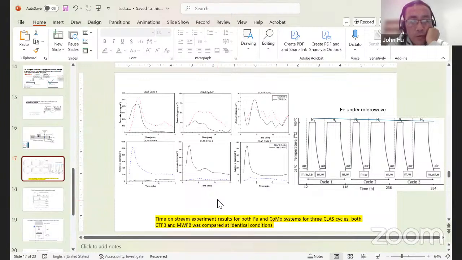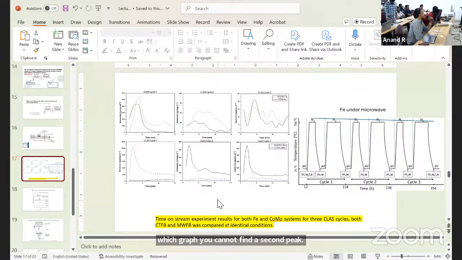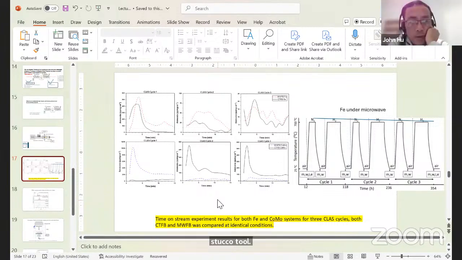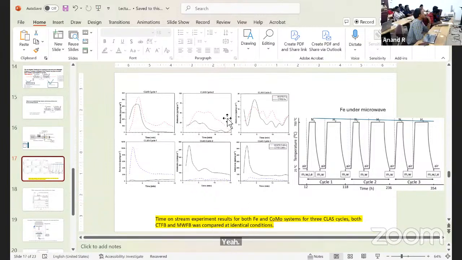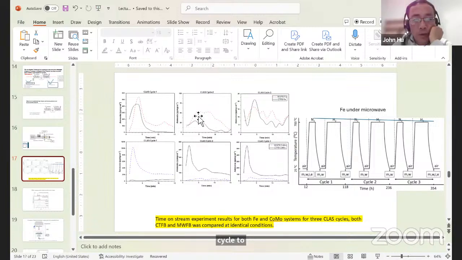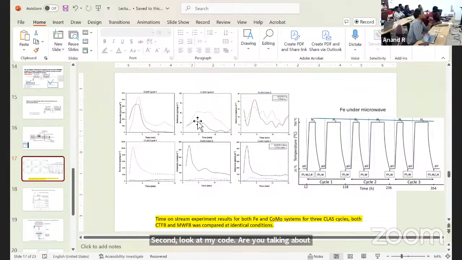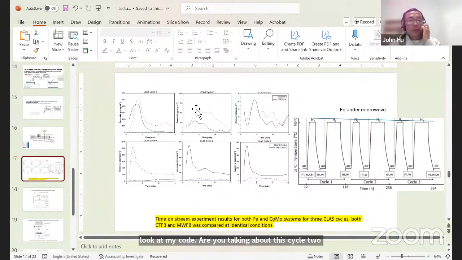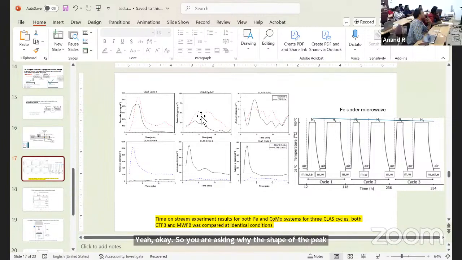Chemical looping, cycle 2. Look at my cursor. Are you talking about this cycle 2 or this cycle 2? This one, right? Yes, sir. Okay. So you are asking why the shape of the peaks are different. Is that correct? Yes, sir.